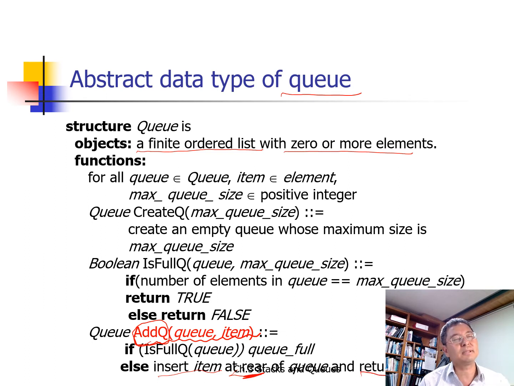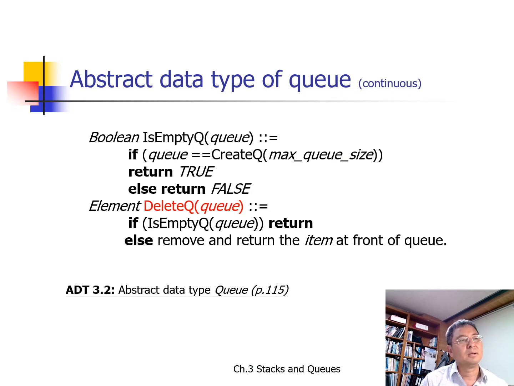So add queue happens at the rear index. The opposite one is delete queue. Delete queue removes the data and returns the item at the front of the queue. So the front index will be moved in the delete queue operation. That's the abstract data type of queue.